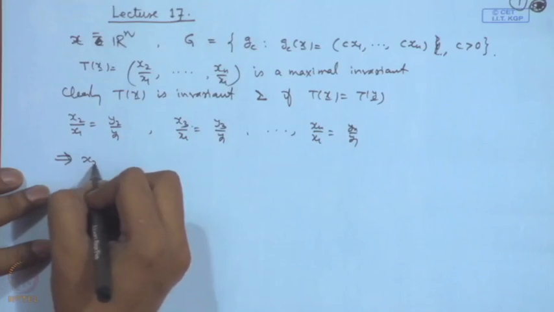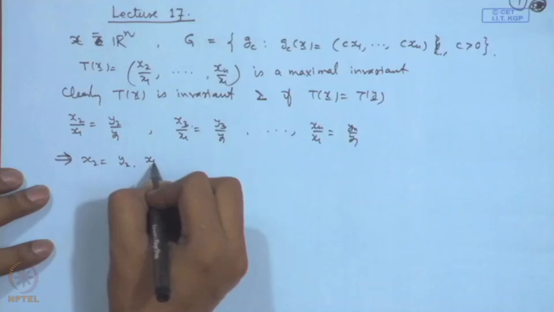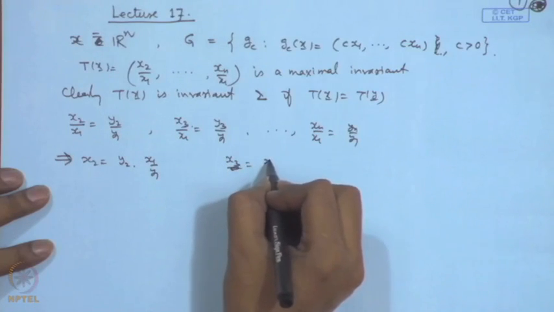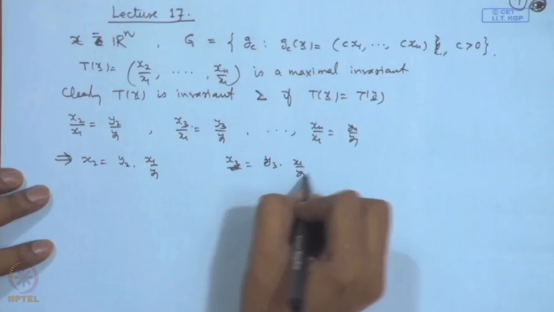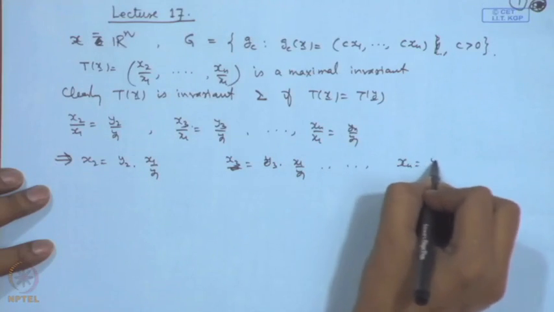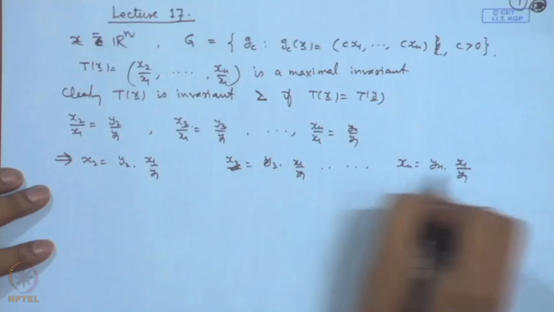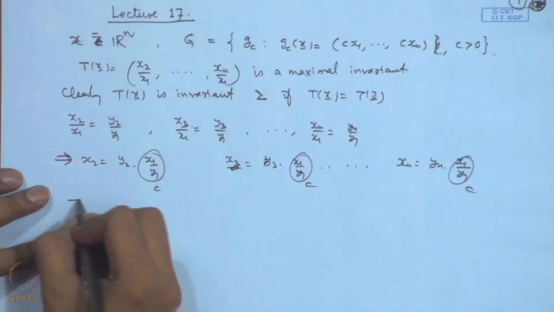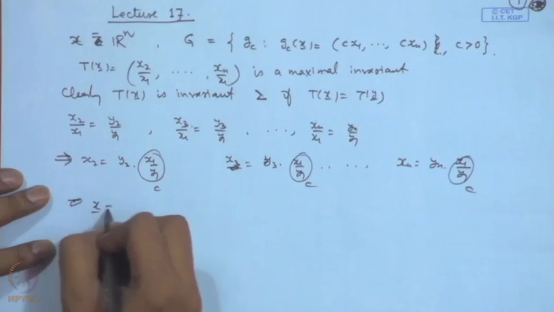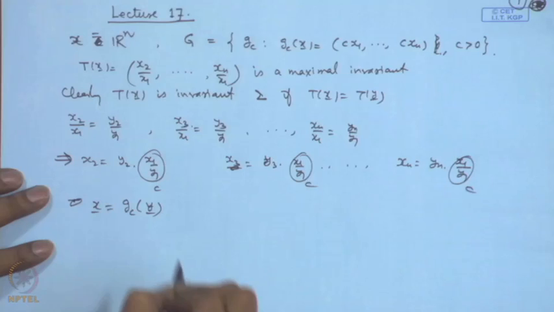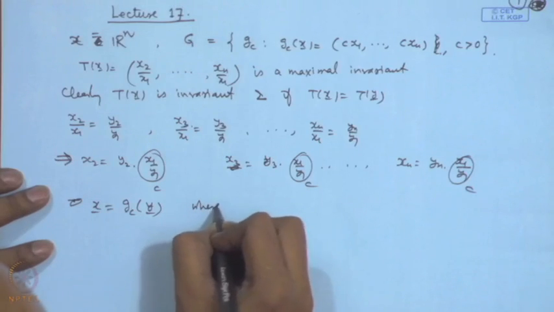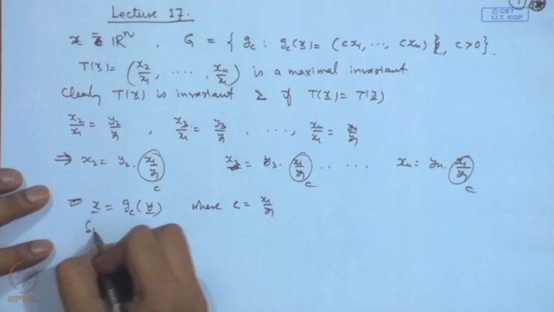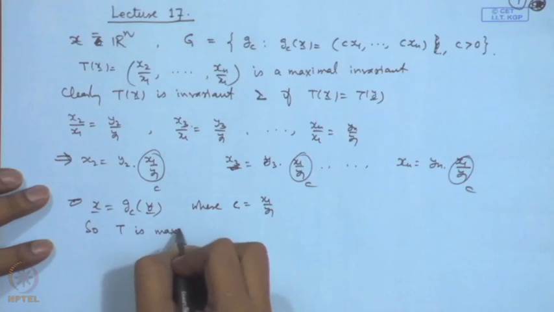Then this implies x2 is equal to y2 x1/y1, x3 is equal to y3 into x1/y1 and so on, xn is equal to yn into x1/y1. So, this is C. So, this implies that x is equal to g_C of y, where we have chosen C to be x1/y1. So, T is maximal invariant.